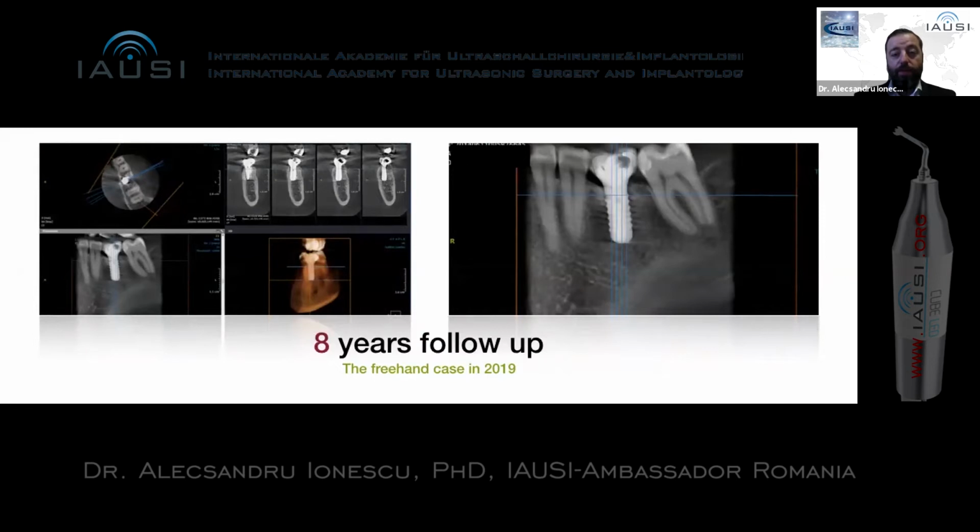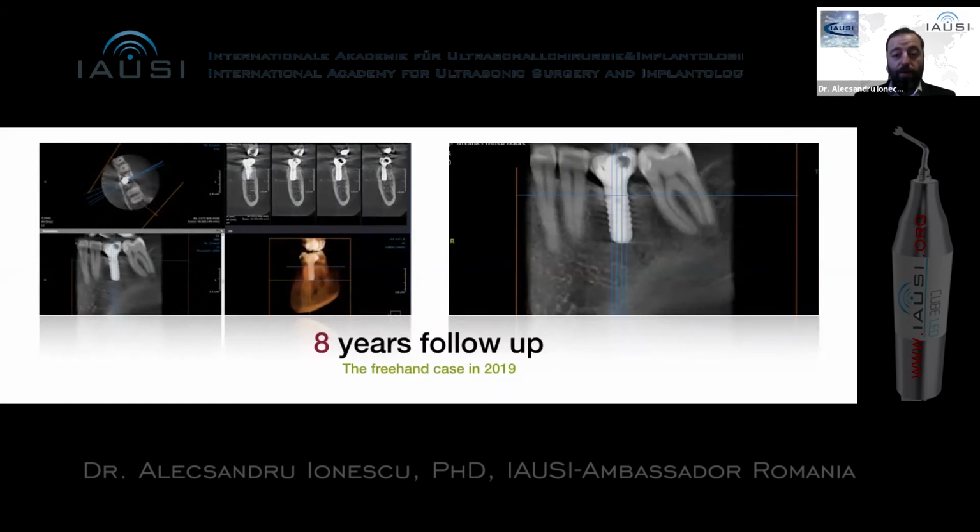It's very tricky when you place it flapless freehand in this situation in the septum, because you can easily lose the position of the drill, because it's a different density where you have BIOS, and a different density, of course, where you have the septum.